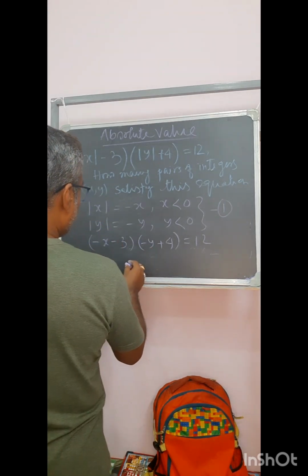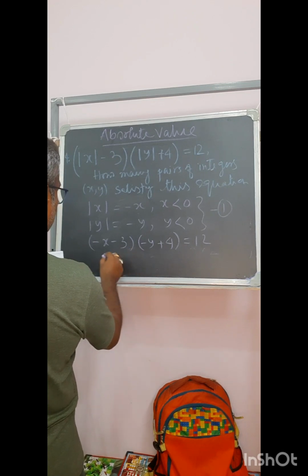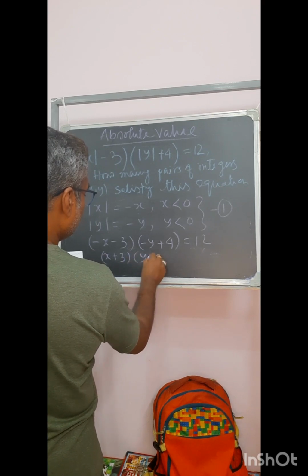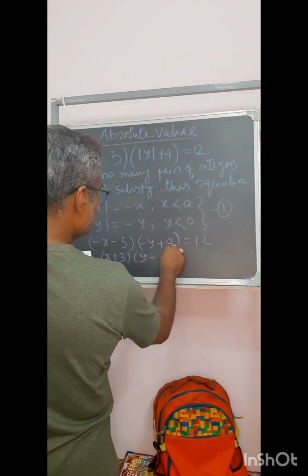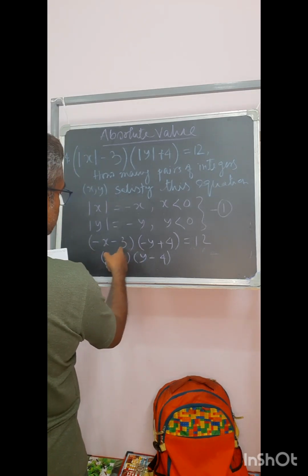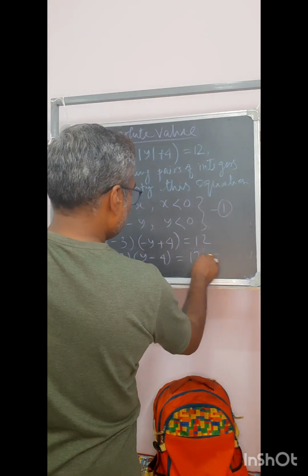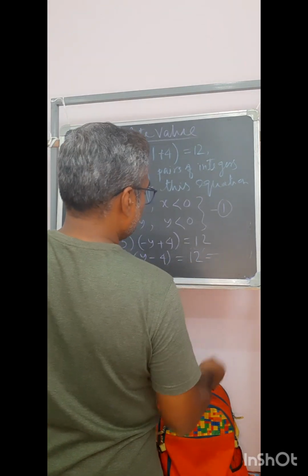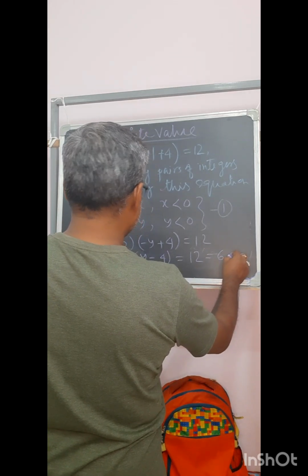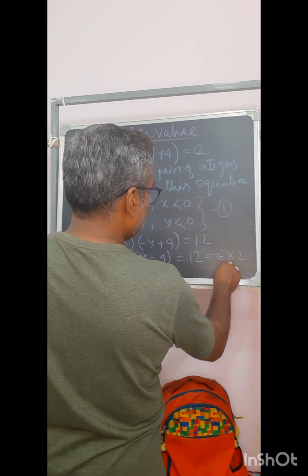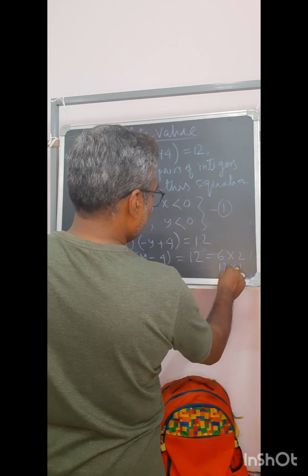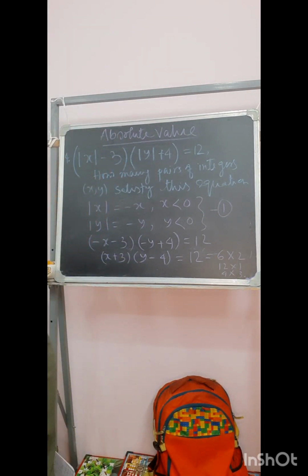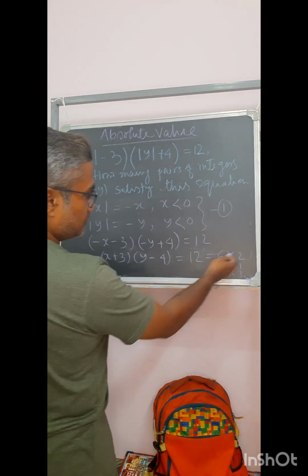Here I am keeping the sign out of the variables, taking minus common, and there is no change on the right hand side. Now you see 12 can be factorized as 6 into 2, 12 into 1 and 4 into 3. These are the three possible pairs of factors that can form 12 together. Okay.